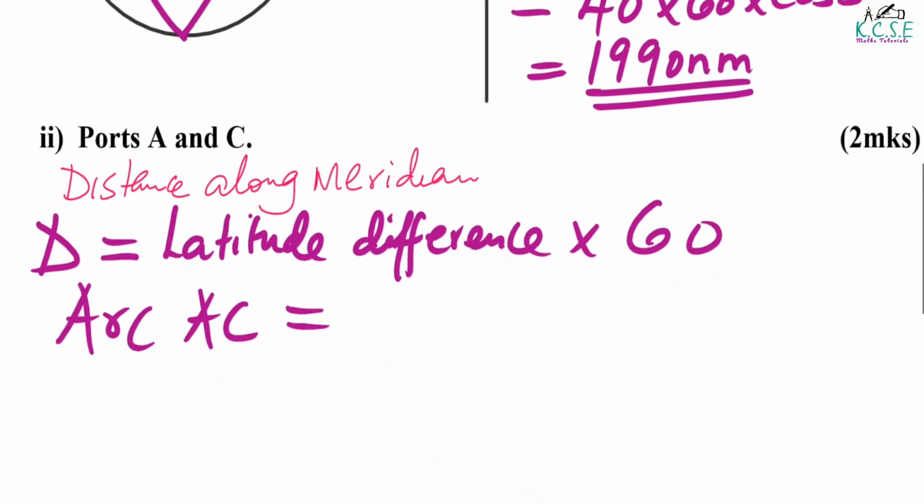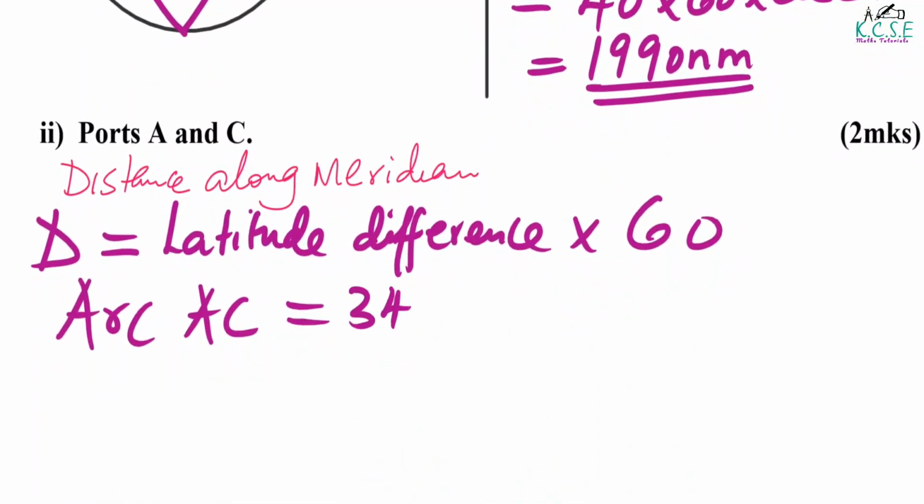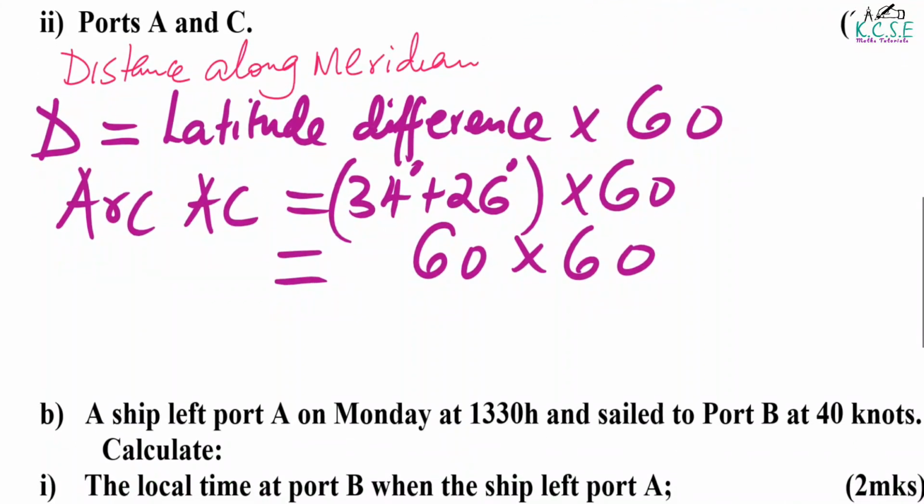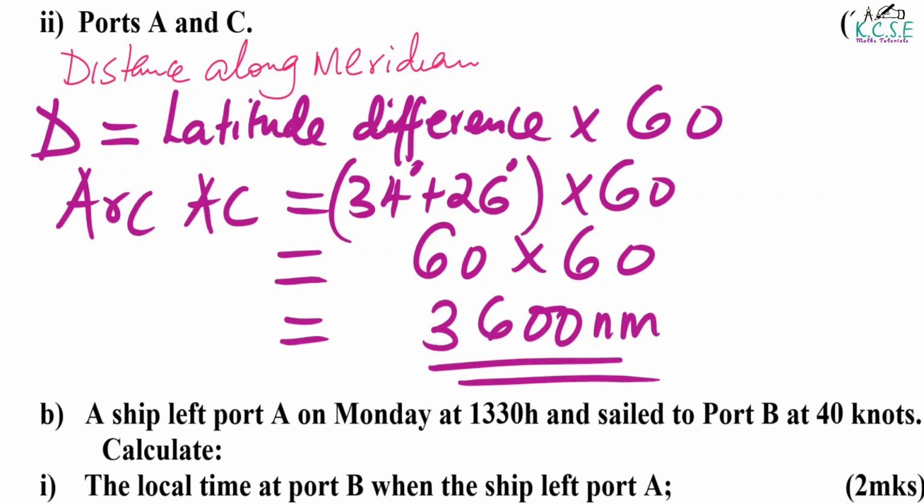So it will be 34 plus 26 degrees multiplied by 60. So this gives 60 multiplied by 60, and this will give 3600 nautical miles. So that is how we get the distance between ports A and C.